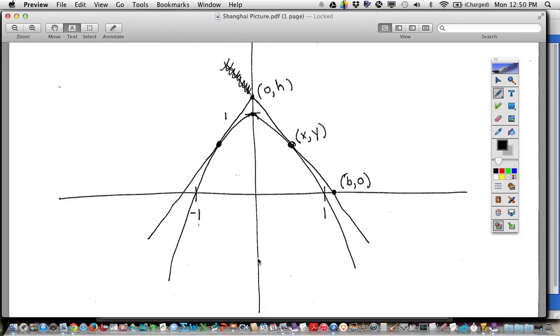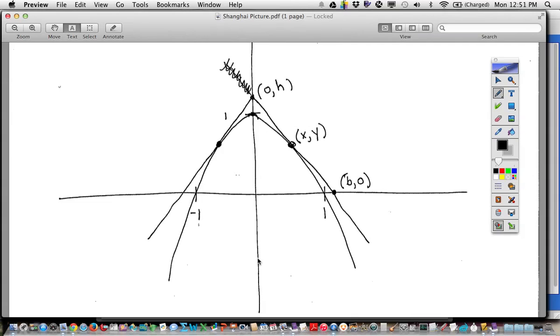The Shanghai situation, the Luke Skywalker situation, is a situation where we have a line tangent to a curve, but we don't know where it touches the curve. We're trying to figure out where it touches the curve. But to do that, we're going to have an extra piece of information. If we don't know where it touches the curve, then we've got to have something else. Well, what we have is we know some other points where the line touches something.